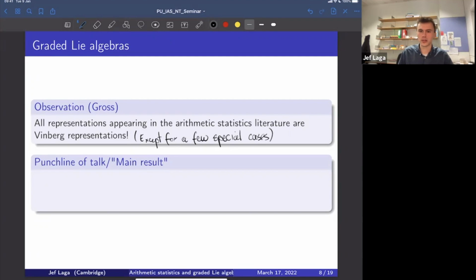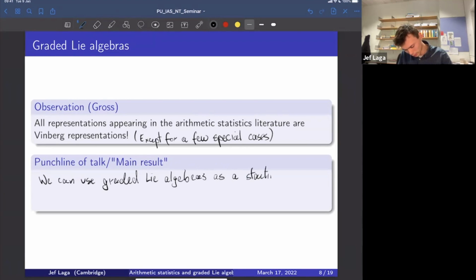And the punchline of this talk, very loosely formulated as the main result, is to turn this observation on its head and use it as a starting point. It says that we can use graded Lie algebras as a starting point to prove, or actually prove and reprove, theorems in arithmetic statistics.